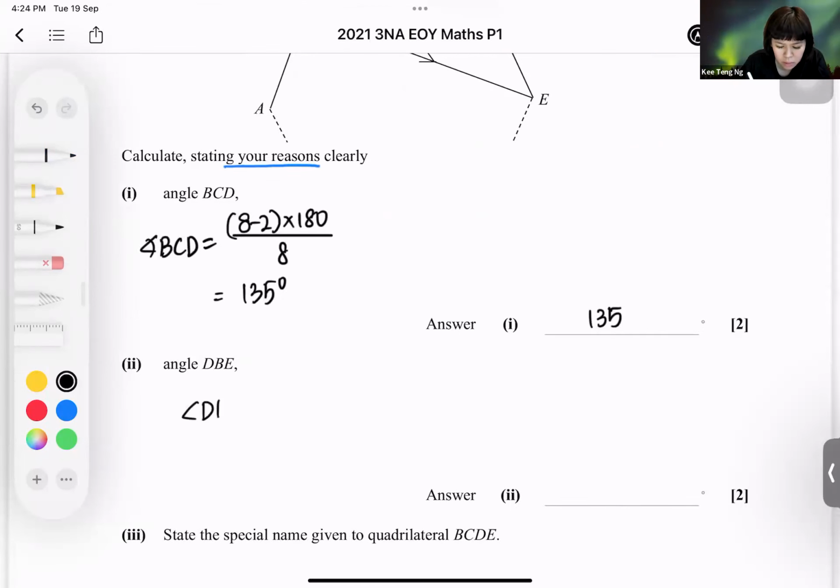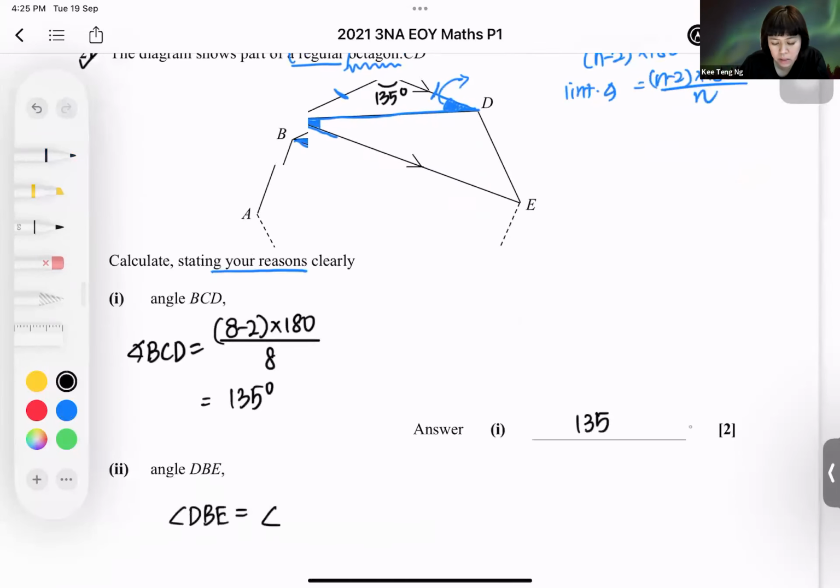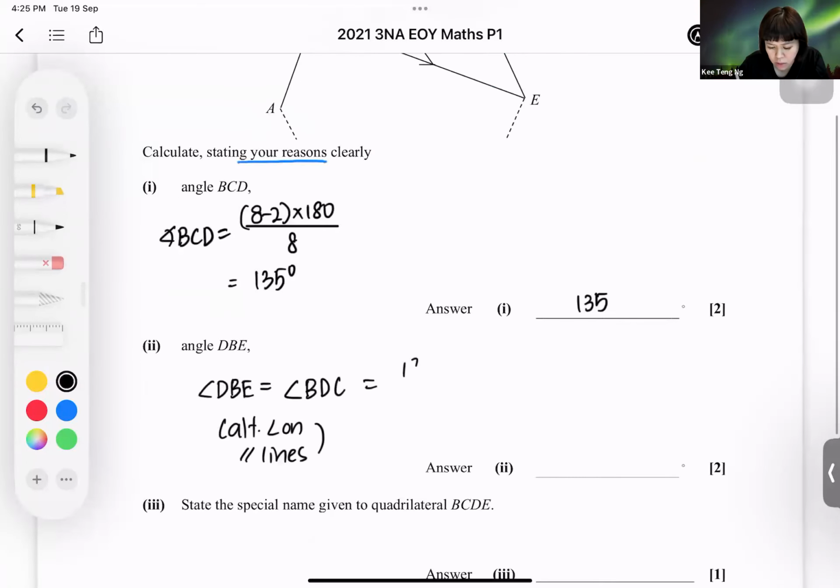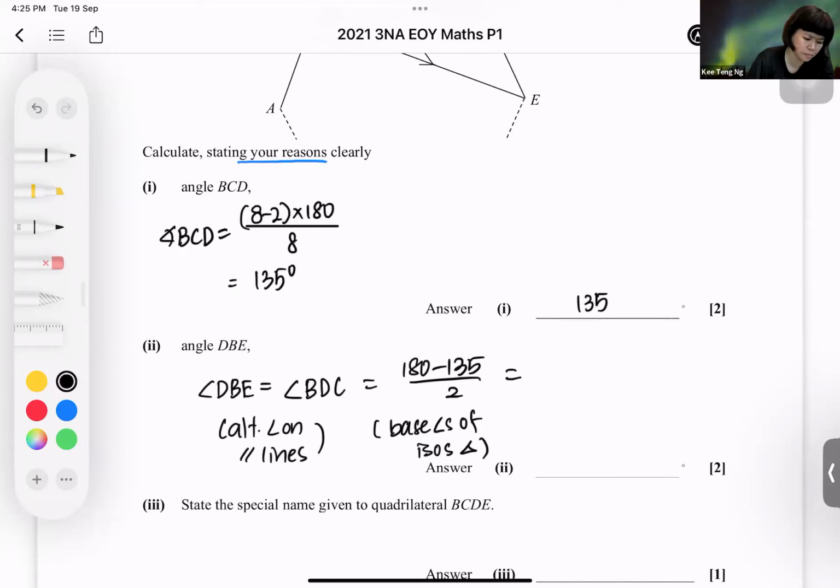So angle DBE equals angle BDC. This reason is alternate angles on parallel lines. And then I find this one, angle 180 minus 135 divided by 2. This reason is base angles of isosceles triangle. And I get the answer 22.5 degrees.